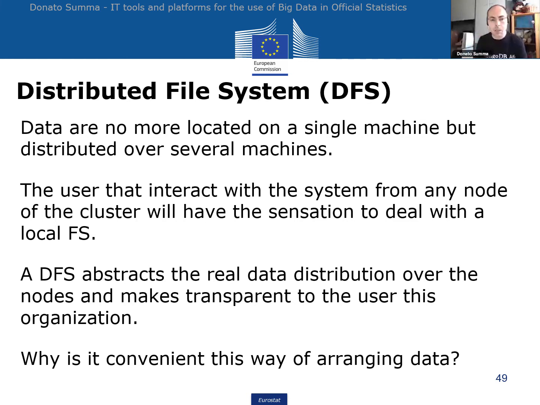So a distributed file system abstracts the real data distribution over the nodes and makes this organization transparent to the user. But why is it convenient to arrange data this way? Why is it convenient to use distributed file systems?